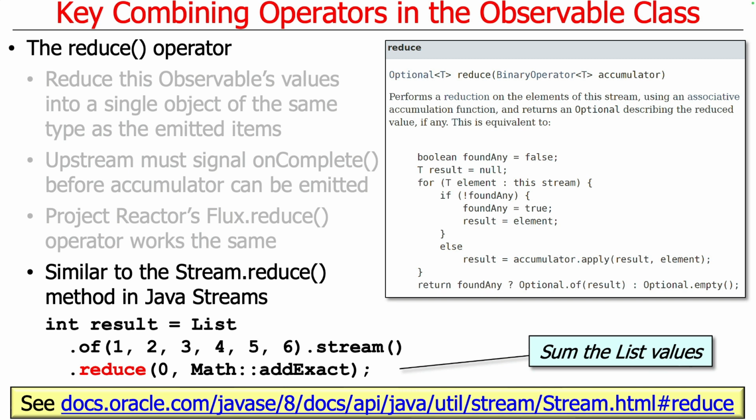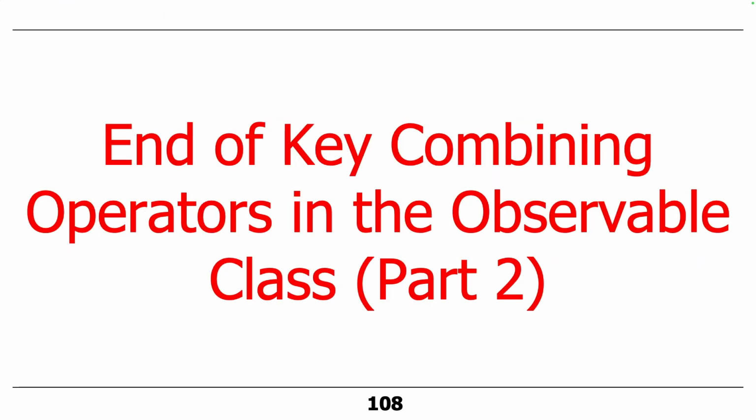So very similar, with a few subtle differences between reduce in the RxJava or Project Reactor reactive streams models versus streams. Most notably, in RxJava and Project Reactor this is all typically done asynchronously, whereas in streams it's typically done synchronously. So that's the end of the discussion of combining operators.